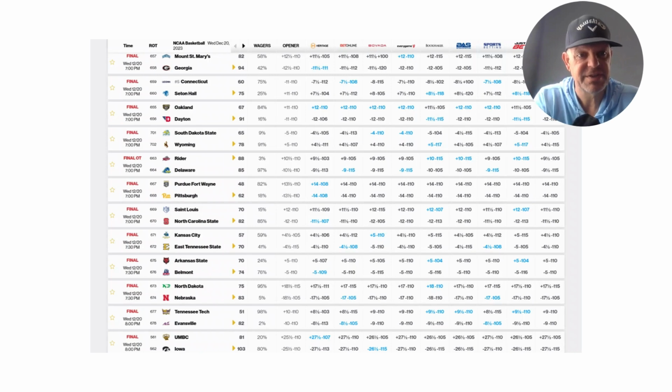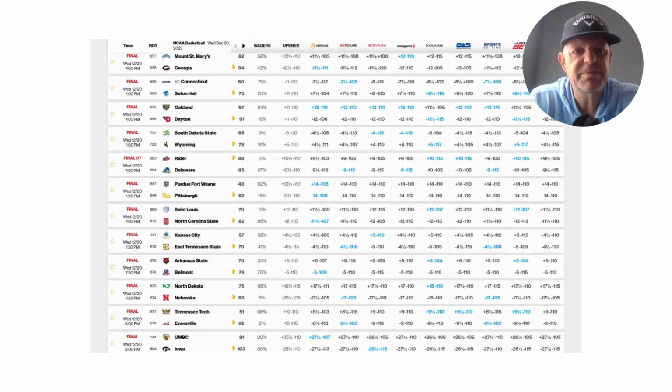So it's an indication this is what the sharps are doing, because they're making that line more attractive for the opposite side. That's what I call how I traditionally play. However, I'm going to show you a way that we've incorporated with NCAA basketball, and you could potentially use this for other sports. I haven't tested it for other sports, but it could potentially work.